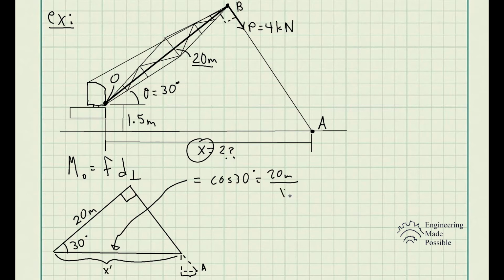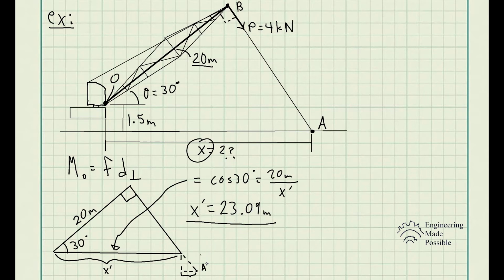So cosine 30 is equal to adjacent over hypotenuse, and we can algebraically manipulate this to solve for x prime. We multiply x prime on both sides of this equation, then divide by cosine 30. So x prime is equal to 20 meters divided by cosine 30, which is 23.09 meters.